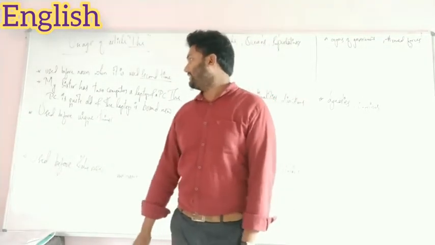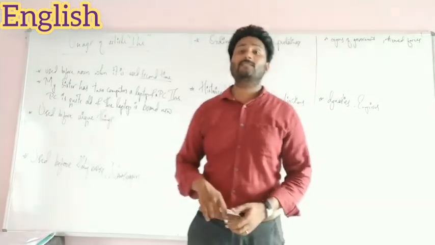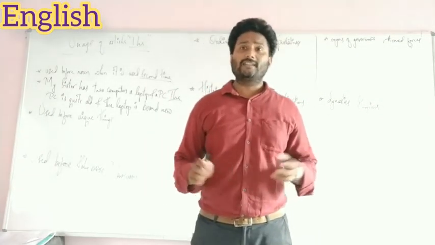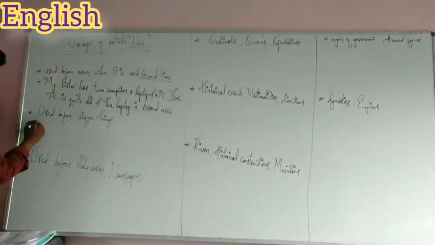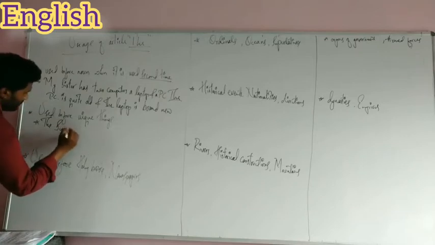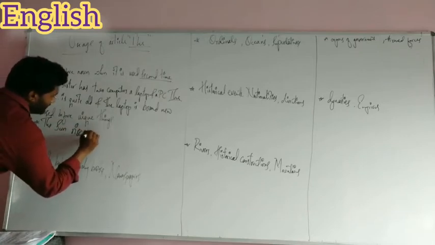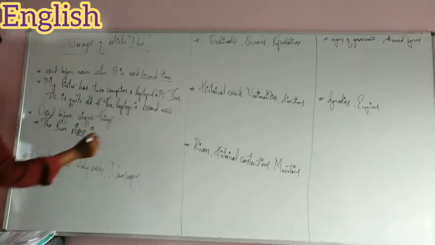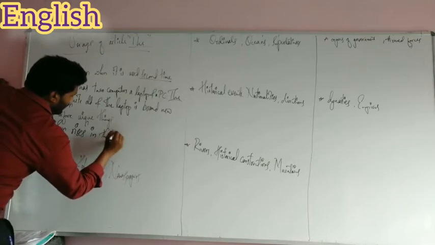Next, the second use: before unique things. Unique things means there is only one of them. For example, the sun rises in the east.